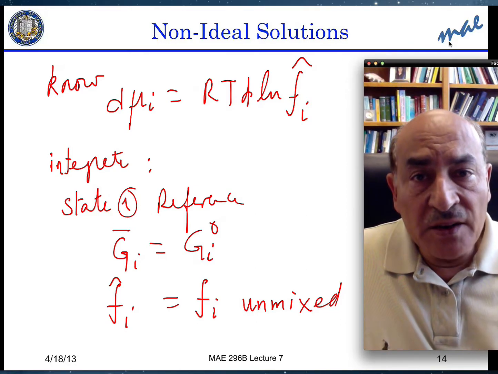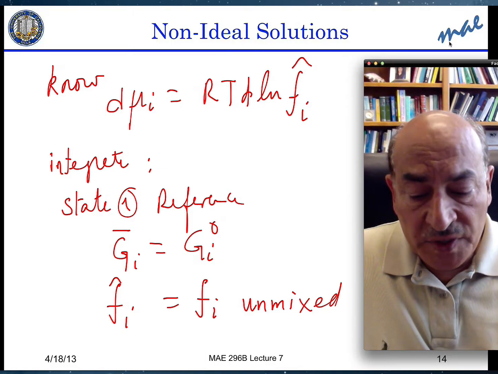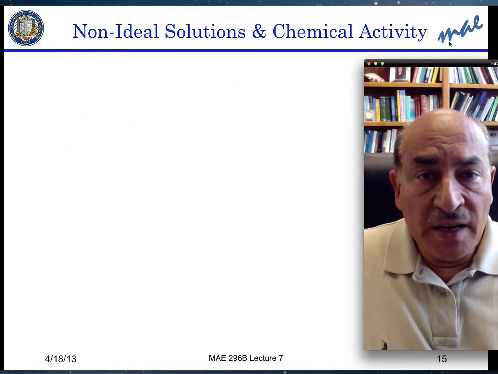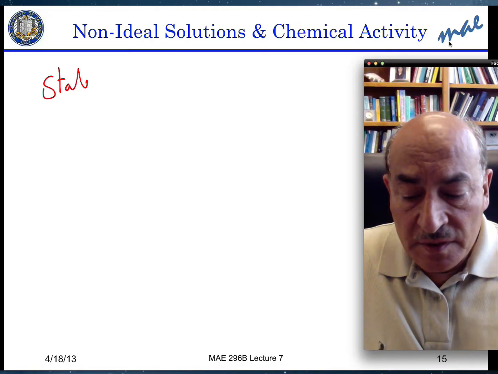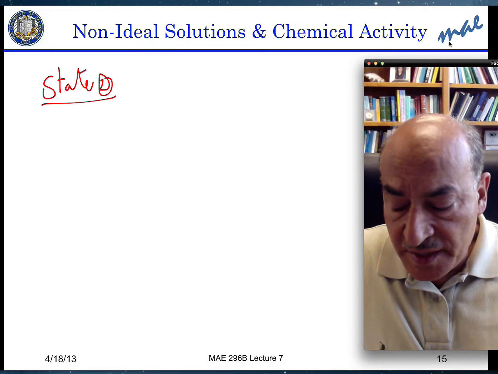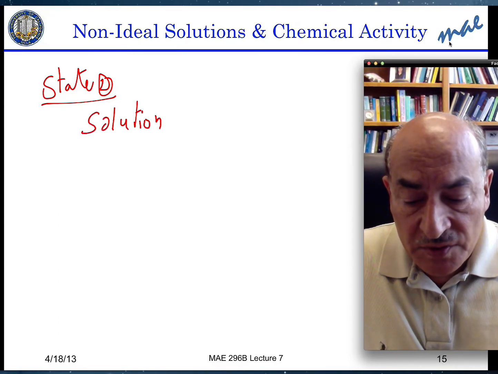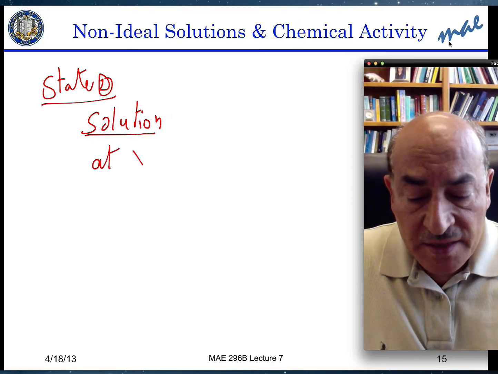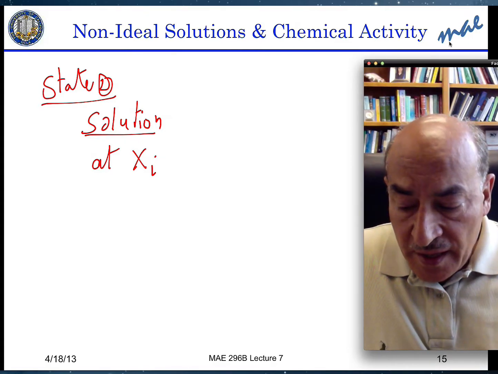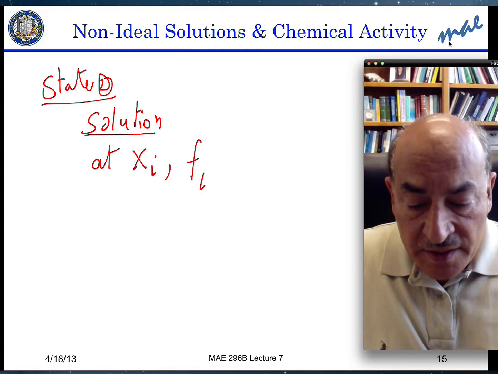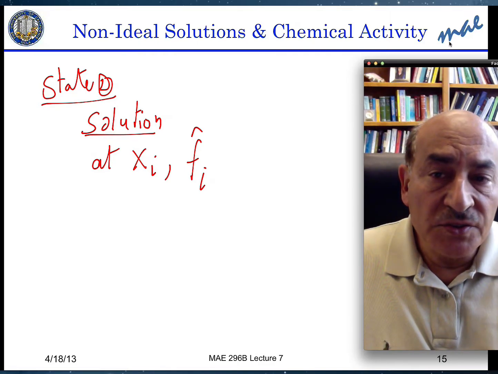And now let's look at state 2. We can do that by defining state 2 as a current state. And the current state is, we have a solution now. It's not unmixed, so we have a solution. And the solution has concentrations of species xi, and also it has a fugacity of each species fi hat in solution.